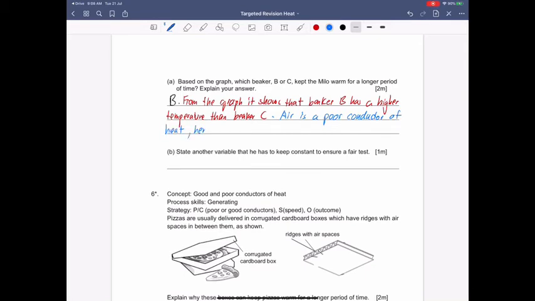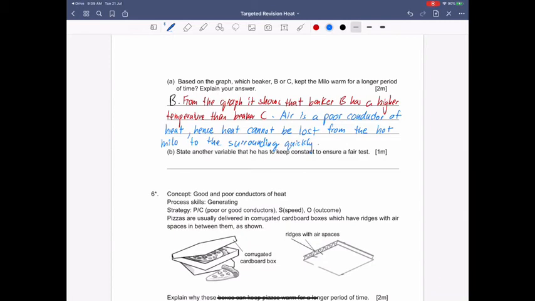Hence, heat cannot be lost from the hot Milo to the surrounding quickly.